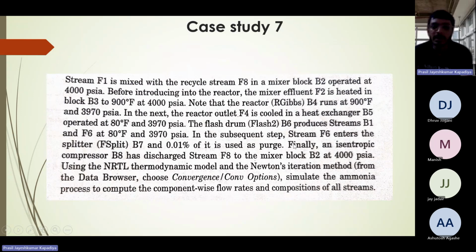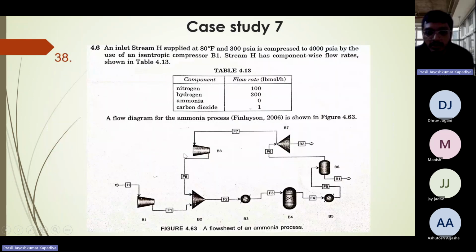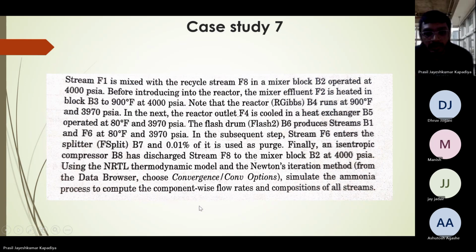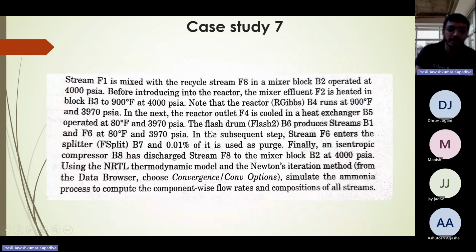In the subsequent step, stream F6 enters the splitter B7 and 0.01% of it is used as purge. So this is the splitter. Some part is taken out and another is sent back to the recycle loop. Finally, an isentropic compressor B8 discharges the stream F8 to the mixer block B2 at 4000 psi. That is our required condition.